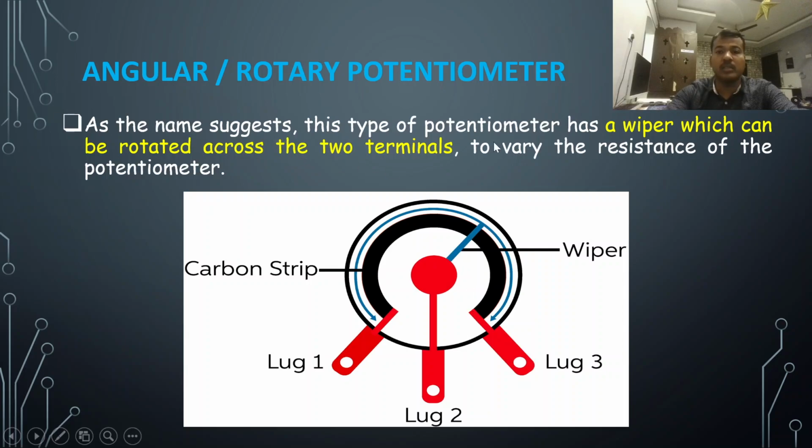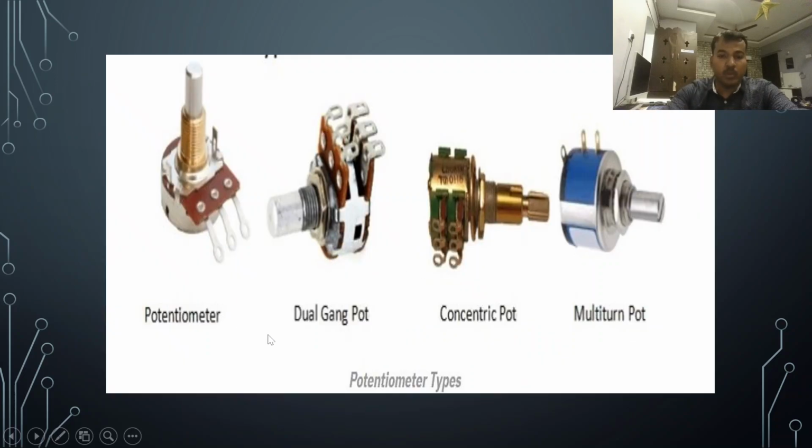As the name suggests, this type of potentiometer has a wiper which can be rotated across the two terminals to vary the resistance. We have a carbon strip and a wiper placed over it. We move this wiper to the left side or right side over the carbon strip, and accordingly the resistance changes. This is what the angular or rotatory potentiometer is.